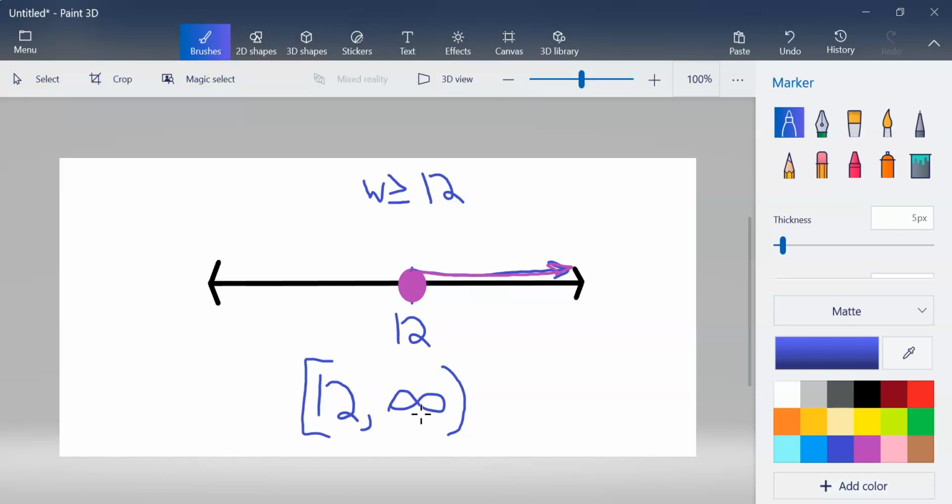So if you can plug in the number, you write a square bracket. You can't plug in infinity because infinity technically is not a real number.